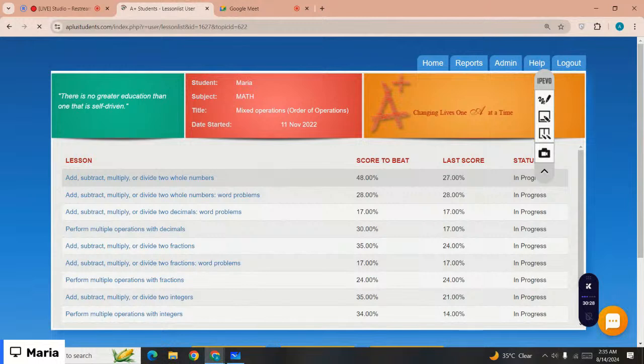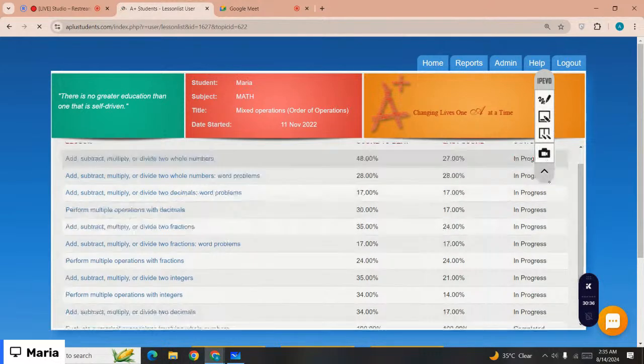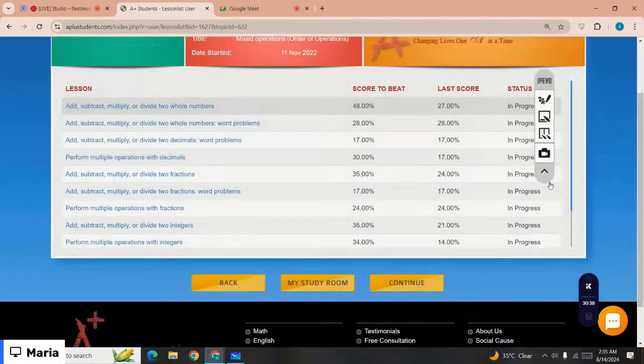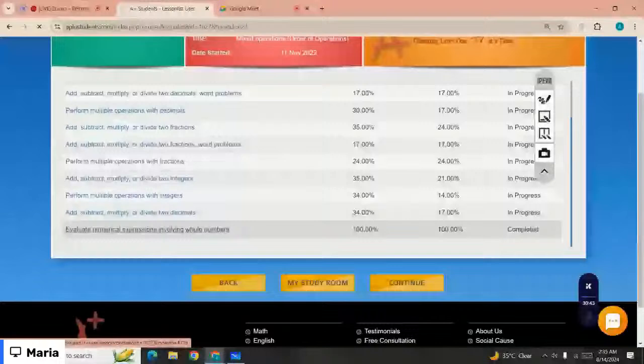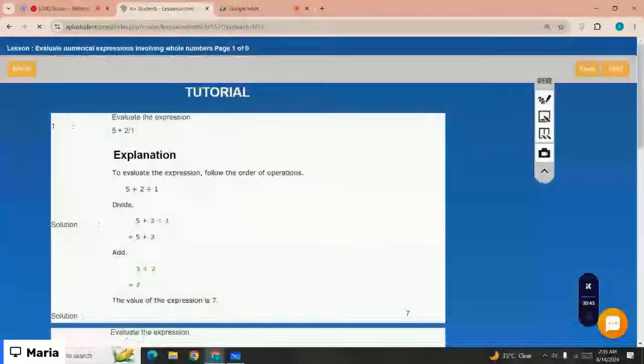Okay, the next lesson is, I think that's the last lesson from this chapter, mixed operation. Evaluate numerical expressions involving whole numbers. Let's just start with the test questions.